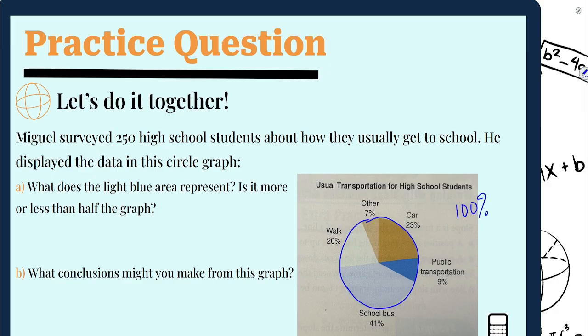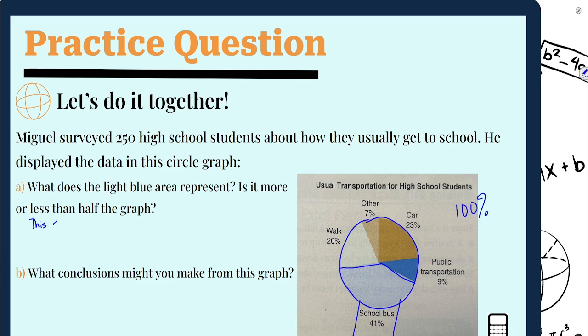The light blue is color-coded, much like a bar graph, but instead of having a key or a legend, we can just see that this section is light blue, and it is talking about the title underneath it. So what does the light blue area represent? It represents the high school students who travel by school bus.